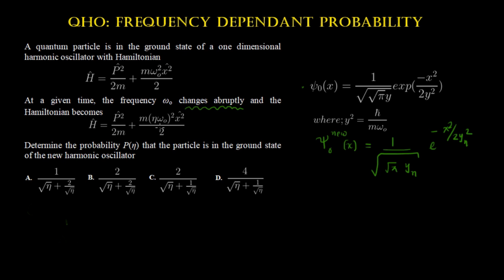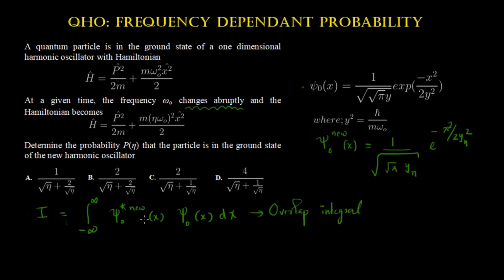To get the probability for these kinds of questions, we find something called the overlap integral, I, that is the integral from minus infinity to infinity of psi star, that is for the new state, into psi of x dx. This is known as the overlap integral.